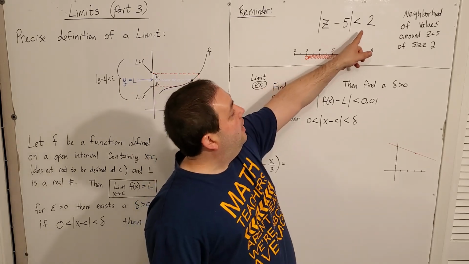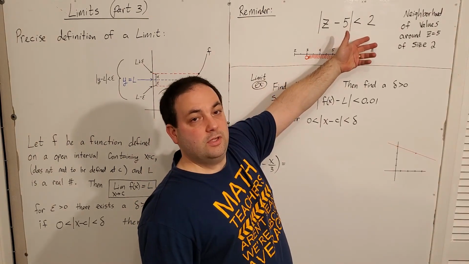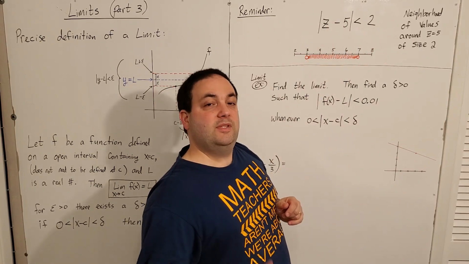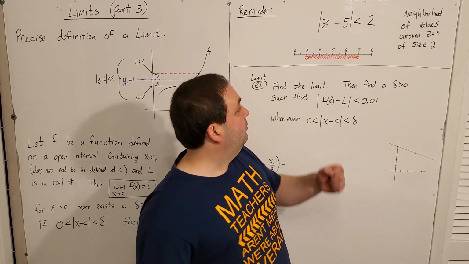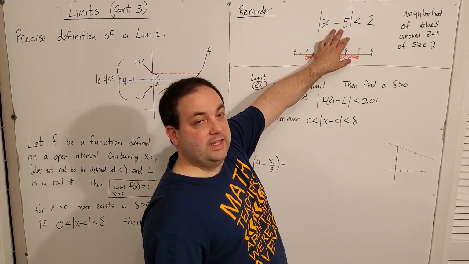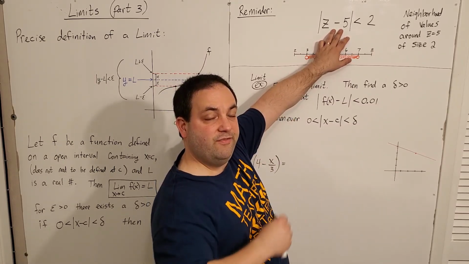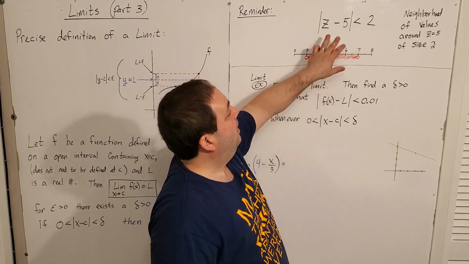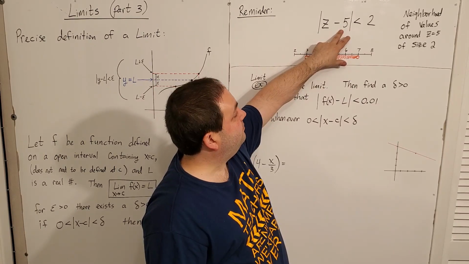And when I put a qualifier on the other side, a comparison of some sort, either an equals or a less than or a greater than, then I'm saying where I would like that distance to go. So 5 is sort of like the center here, because I'm saying the distance from z to 5. z can be a whole group of numbers, and I'm talking about the distance to the value 5.